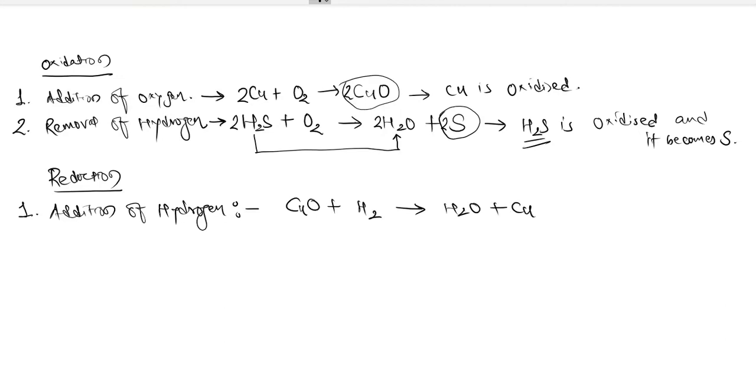Copper oxide, which is a black powder, if you pass hydrogen over copper oxide, hydrogen takes away the oxygen, right? And copper is separated from oxygen. We can say like that. Or you can say that hydrogen is added to oxygen.